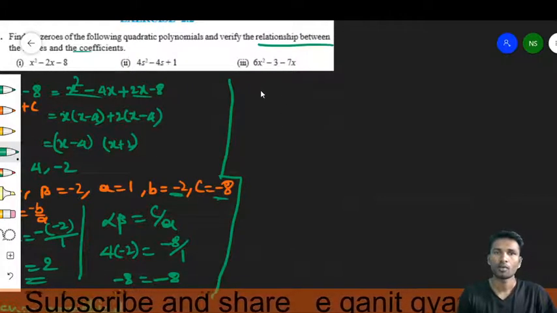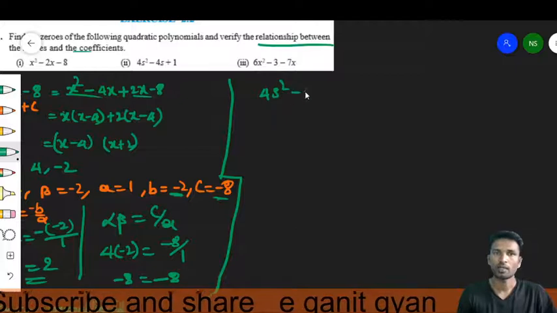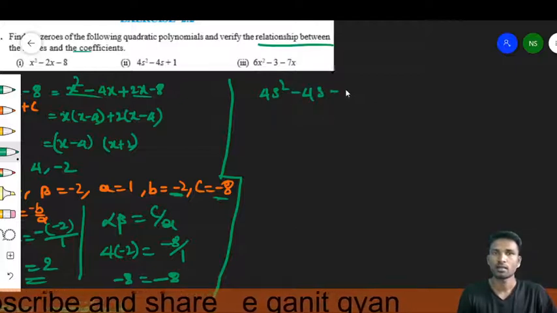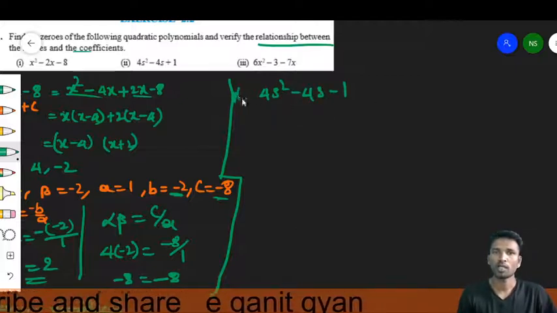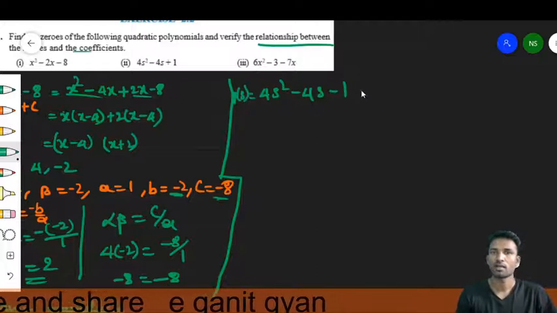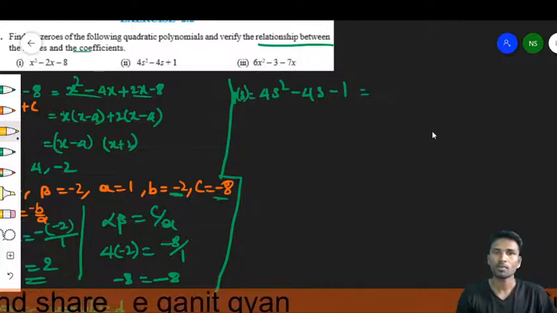Okay, now let me take question number 2. I have 4s square minus 4s plus 1. It is a polynomial in terms of s.